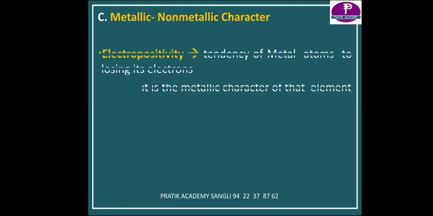So first we will discuss what is electropositivity. We know that metals have a tendency to lose electrons while forming bonds. Metals have a tendency to lose electrons. This tendency to lose electrons is called electropositivity, and this is the measure of the metallic character of that element.